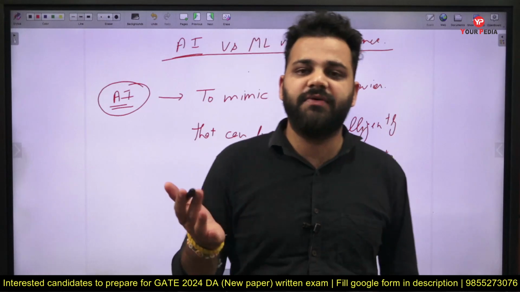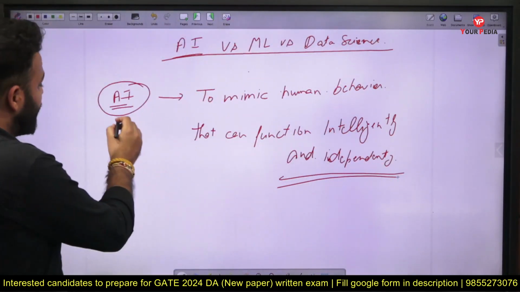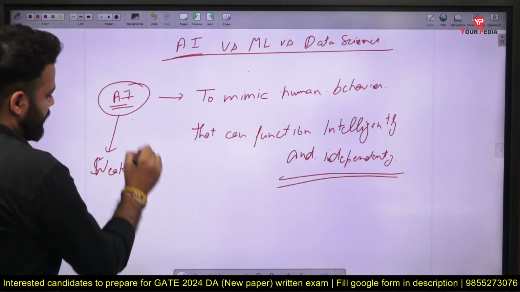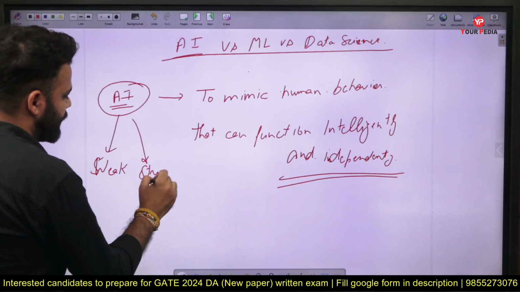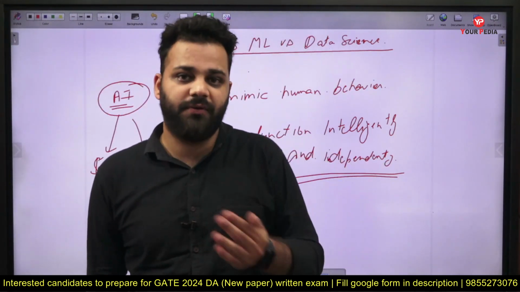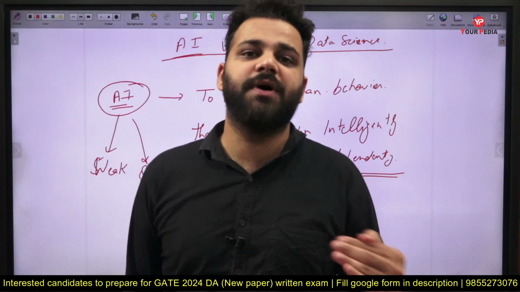Now when we go deep into AI, we will see that there are multiple types of AI. There are weak AI, strong AI. There are some more types of AI also. Those types will vary according to the power of AI.